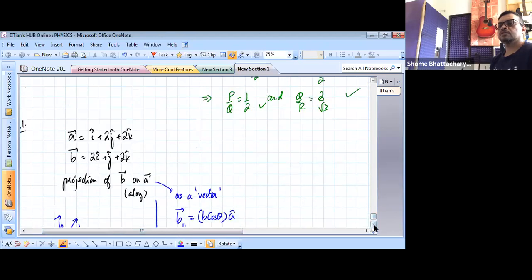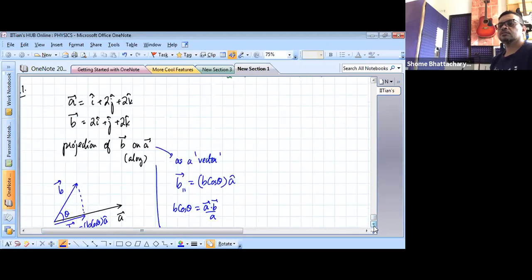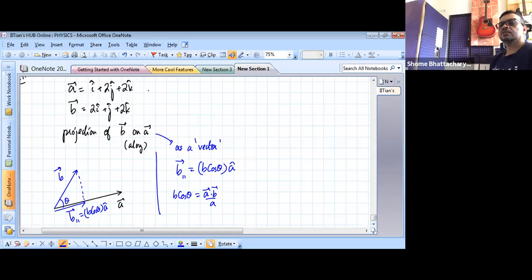So now let's calculate each of these. Let's go back here and see from this what is our A dot B. A dot B is 2 plus 2 plus 4, correct? So it is 8. And mod A, 1 into 1 plus 2 into 1 plus 2 into 2, and mod is root of 1 plus 4 plus 4, so that is 3.